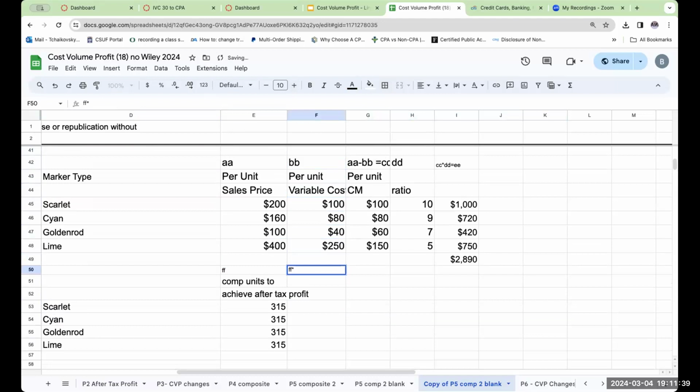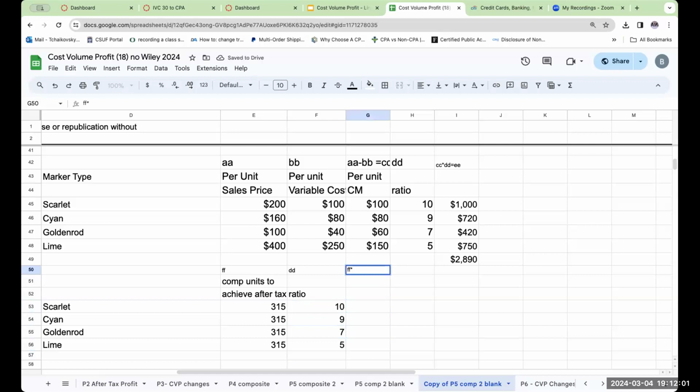So I'm going to take the composite units to achieve the desired after-tax profit and multiply by the ratio, sorry, my ratio is 10, 9, 7, 5.